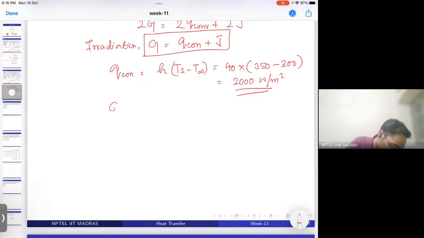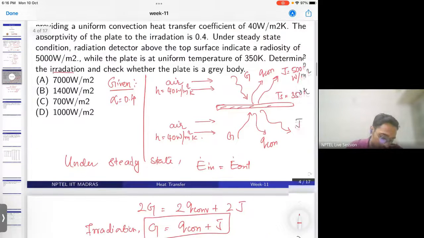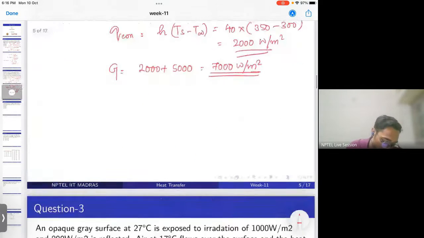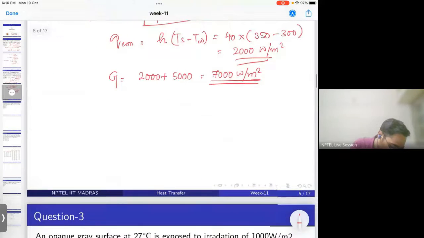So the irradiation G is 2000 plus J, already given as 5000. It is 7000 watts per meter square, the energy that is coming to the plate under steady state condition. Next we have to check whether the plate is gray or not.